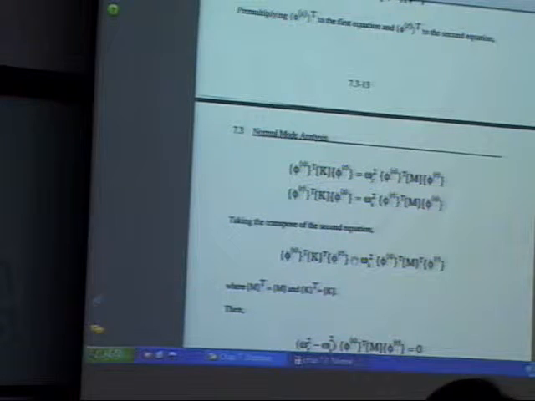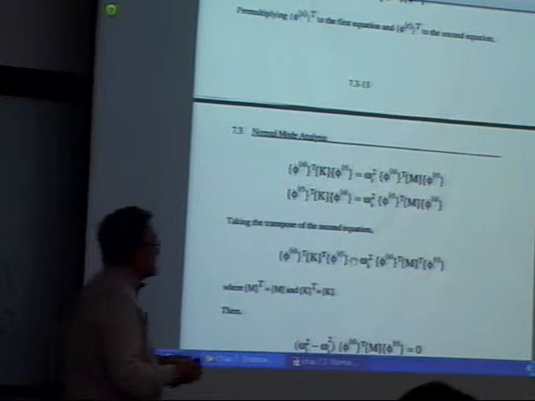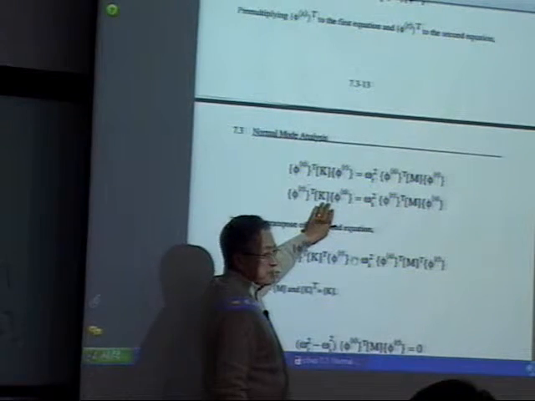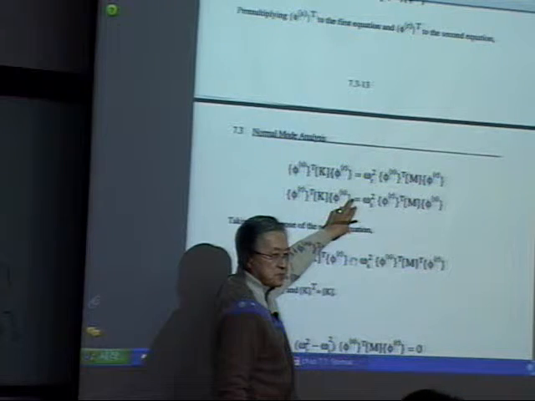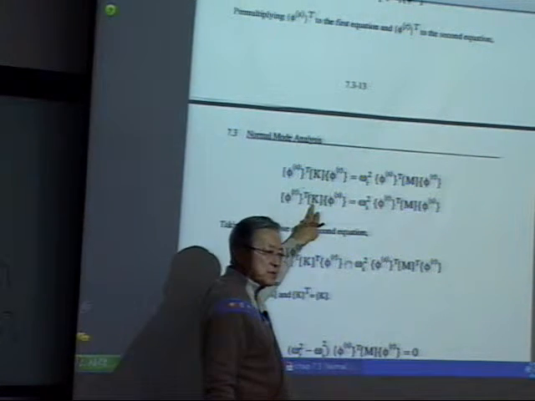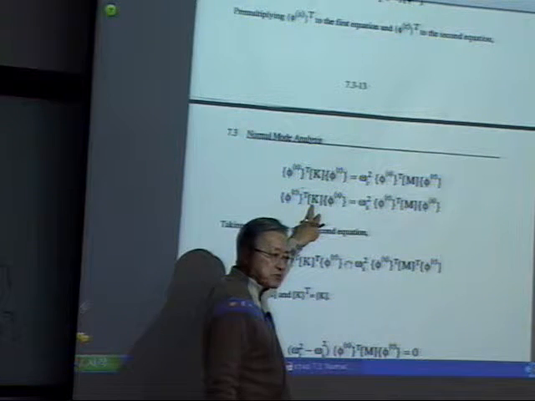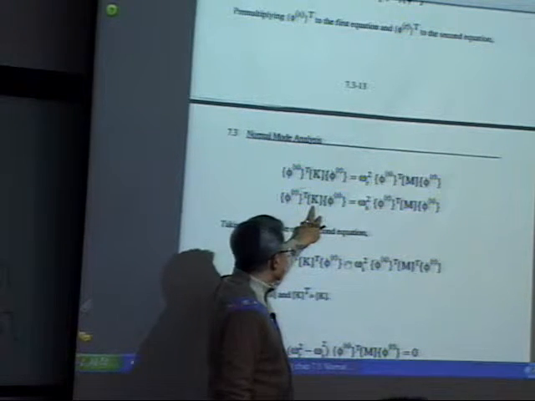You know that. That's what the transpose means. So if you take the transpose of this, again, phi S transpose multiplied by K transpose, but K is a symmetric matrix. K and mass are symmetric matrices.